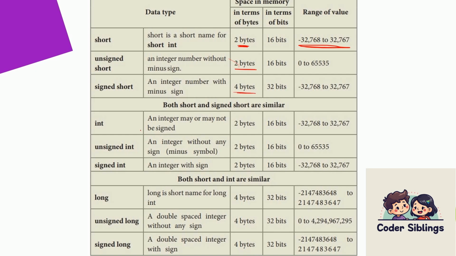Now int is an integer may or may not be signed, so that holds 2 bits. Unsigned int 2 bytes. Signed int 2 bytes. Both short and int are similar, so long 4 bytes. Unsigned long 4 bytes. Signed long 4 bytes, right?